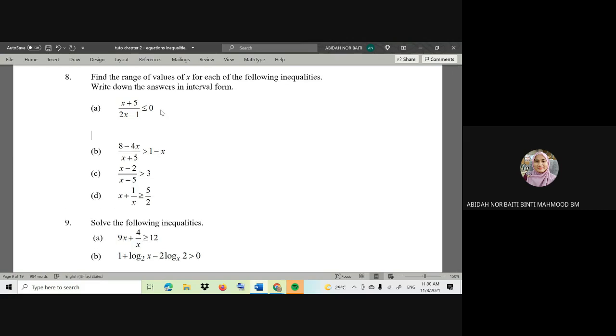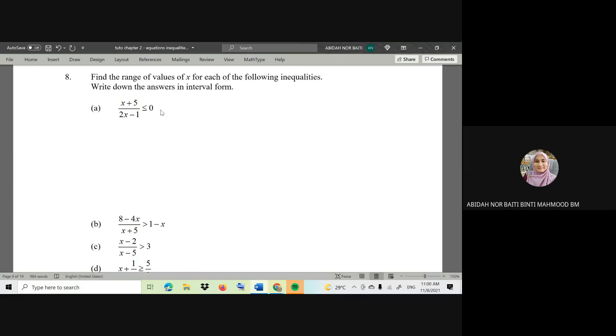Okay, so for rational, this is rational inequalities. The method that we use to solve this question is the table of sign method. Before we start our table of sign, make sure that your right hand side is 0.